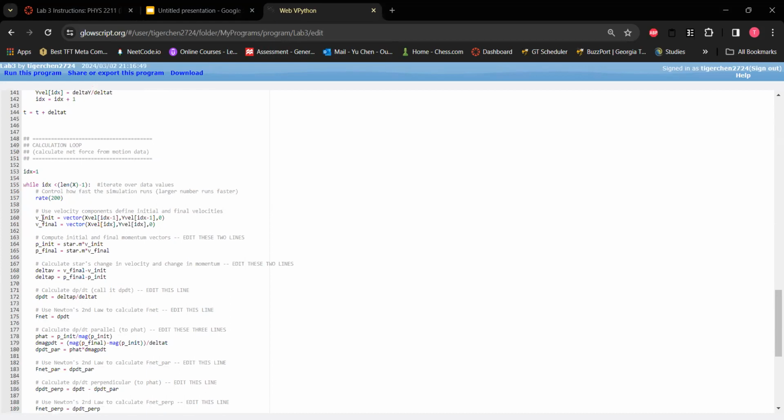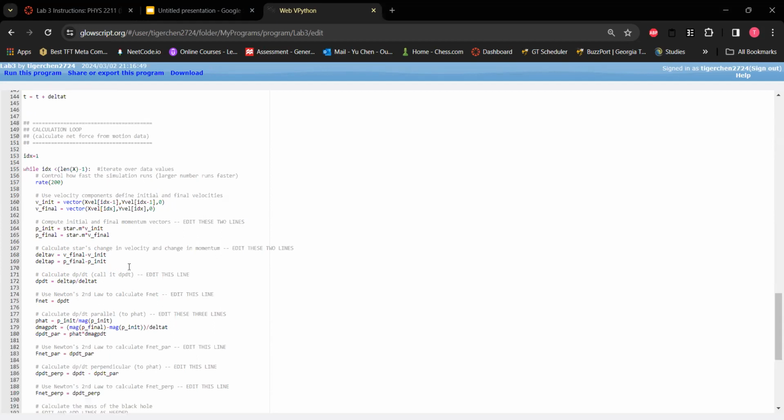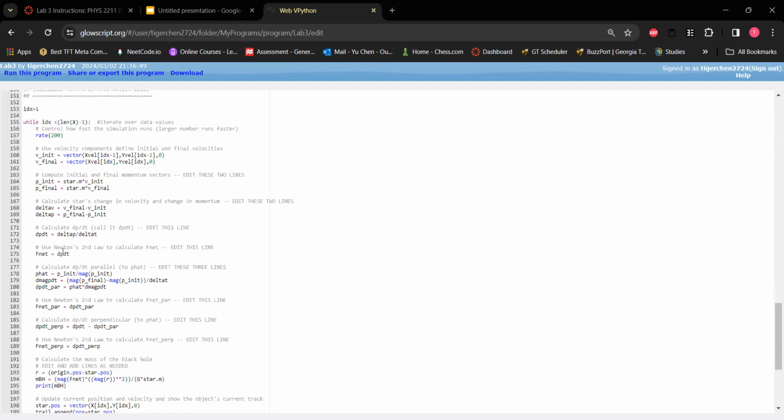So the V initial, this is the V final. The P initial, the P final, and obviously for delta V, just take the final and subtract the initial. Same with delta P, P final minus P initial. And then we need to calculate dp/dt, which is just delta P divided by delta t.